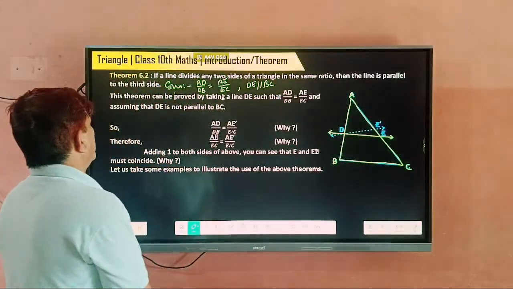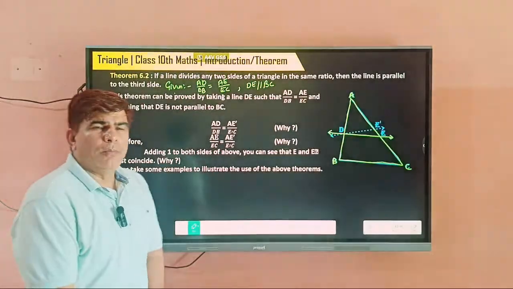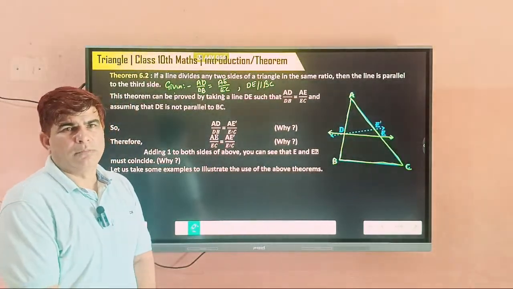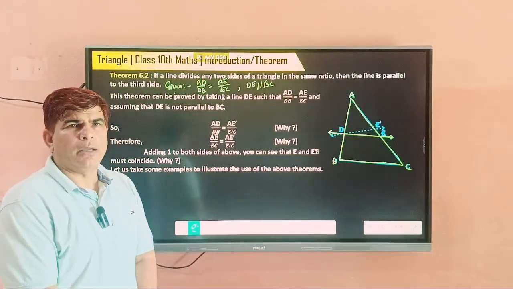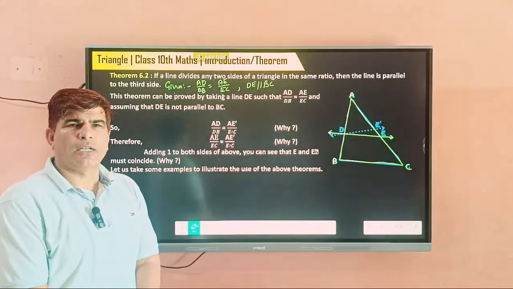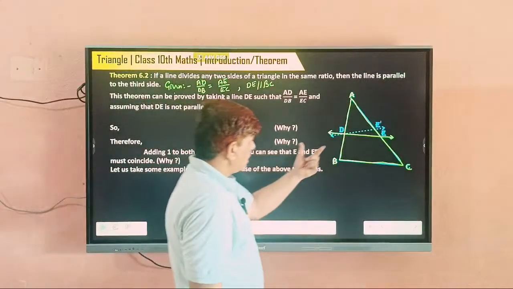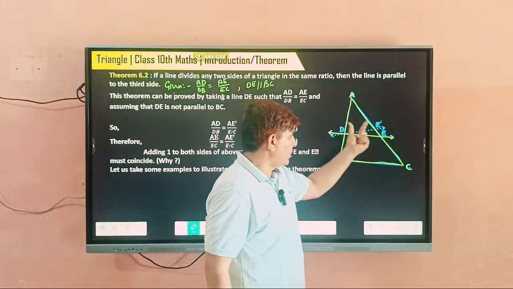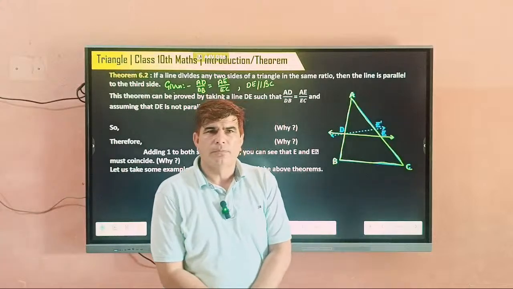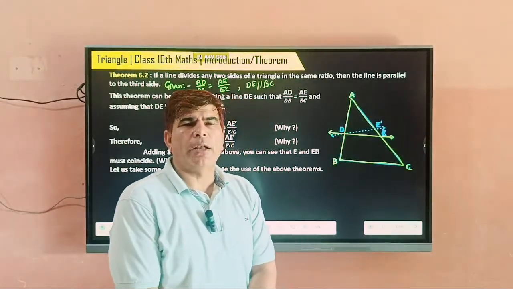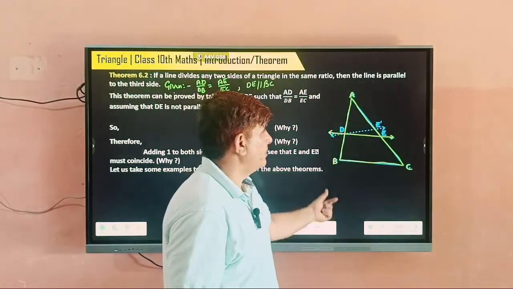So we can prove this theorem by contradiction. What is contradiction? We can say this line divides these sides in the same ratio, but it is not parallel to BC.